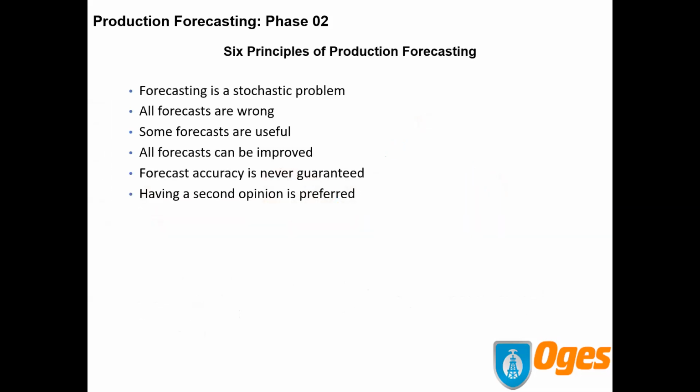So on the final slide, I just wanted to underline the six principles of production forecasting, because stochastic models possess a lot of randomness, and the same set of parameter values and initial conditions can lead to an ensemble of different outputs.